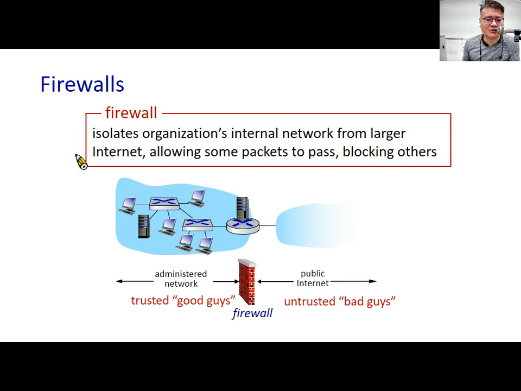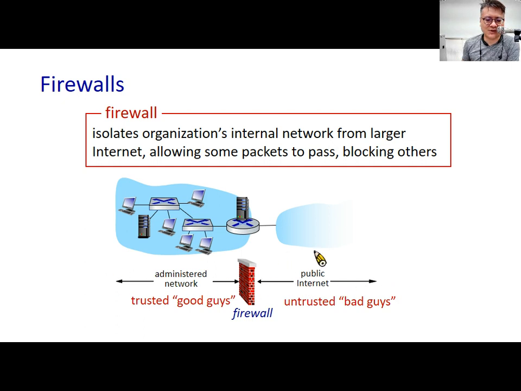Now the firewall. A firewall isolates an organization's internal network from the large internet, allowing some packets to pass and blocking others. So the firewall sits between the internal network and the public internet.